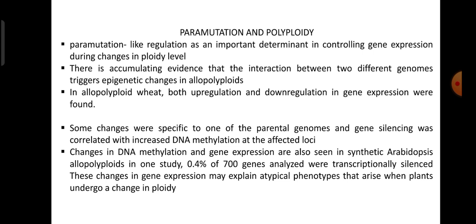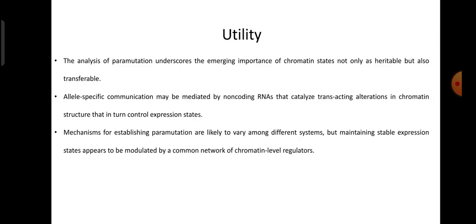Changes in DNA methylation and gene expression are also seen in synthetic Arabidopsis. In one study, 0.4% of 700 genes analyzed were transcriptionally silenced. Thus, changes in gene expression may explain typical phenotypes that arise when plants undergo a change in ploidy.